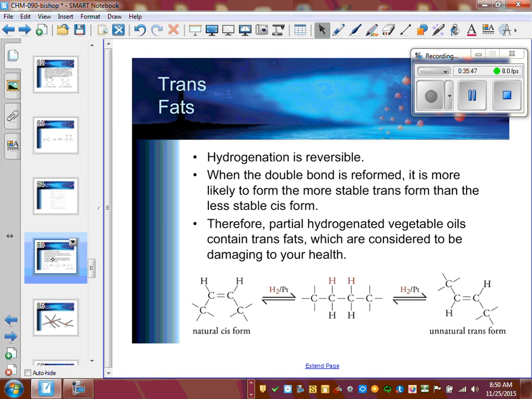You're better off with lard, unless they remove the trans fats. But again, unless you're eating fried chicken every day that's been cooked in Crisco, or you make Christmas cookies and eat 2 dozen of them a day, you're probably not going to have a problem. Again, in moderation.